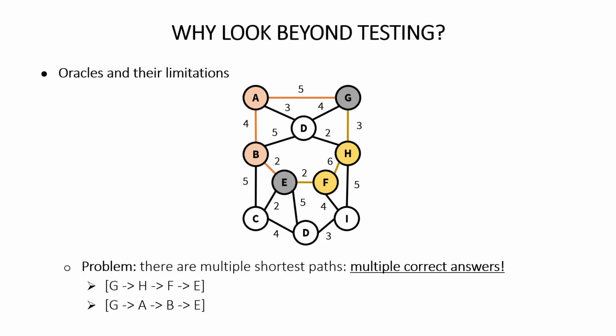Then it might find this one here, GHFE, or it might find GABE, and they both probably have the same length. They're even weighted here. So this is 11 long, and that one is also 11 long, right? So we might have multiple possible solutions. If our test case just checks whether this is the shortest path, the test case might fail, right?